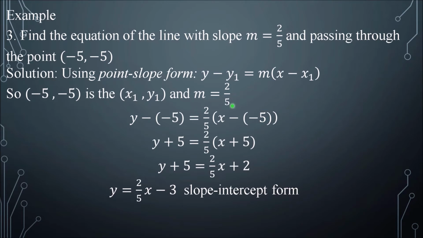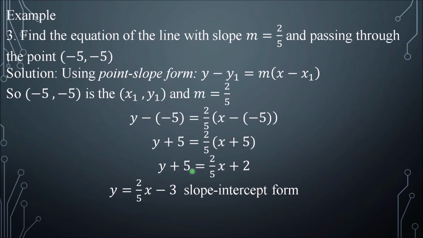So plug in the values. y minus negative 5 equals 2/5 times x minus negative 5. So simplifying that, we have y plus 5 equals 2 fifths times x plus 5. And then distribute 2 fifths: 2 fifths x, and then 2 fifths times 5 is 2.